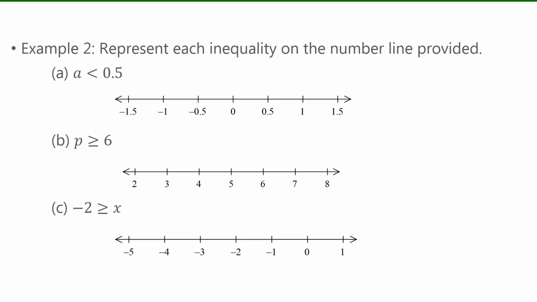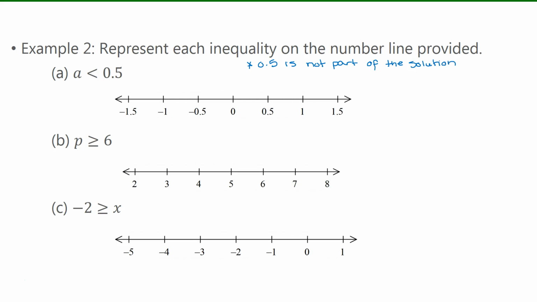Now, example 2, we have some solutions that we are going to graph on the number line. So in A, we have a is less than 0.5. So I'll make the note that 0.5 is not part of the solution. And this is because there's no equal sign under the less than sign.